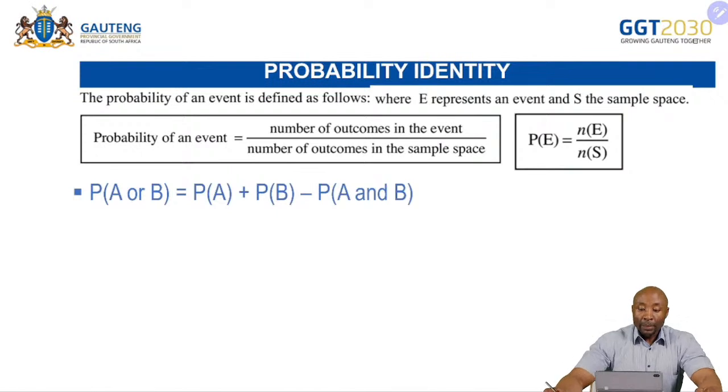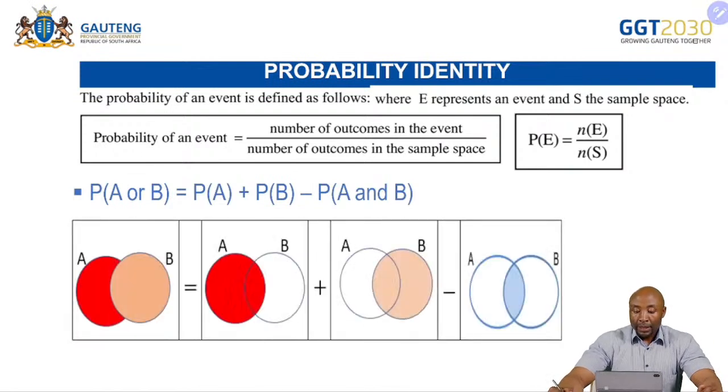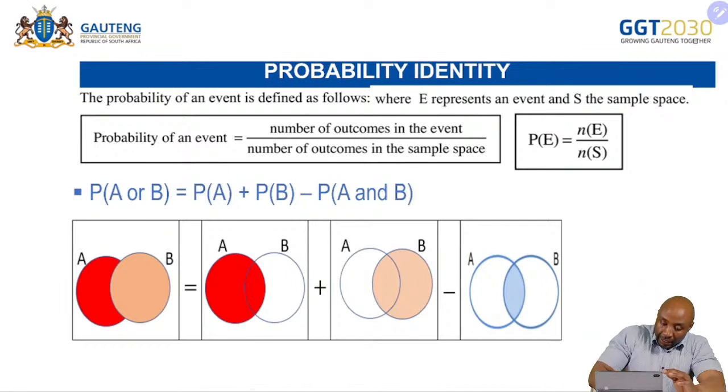And we remember our probability identity, which says the probability of A or B can be given by the statement below. Let's use colors to try and get a perspective of this identity. The probability of the shaded area, the one in red, as well as the other one which looks like pink, is the probability of A, the shaded part, plus the probability of B. We subtract the intersection.